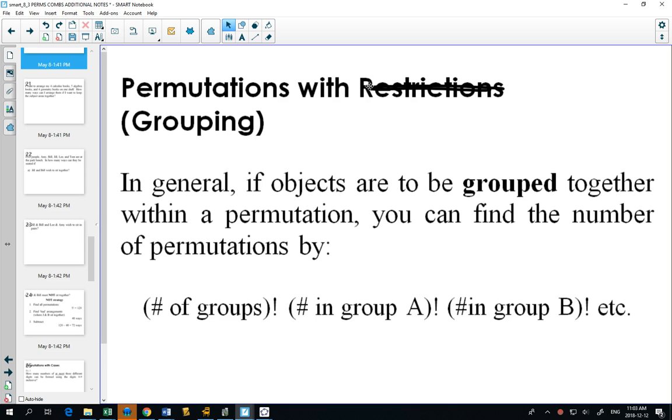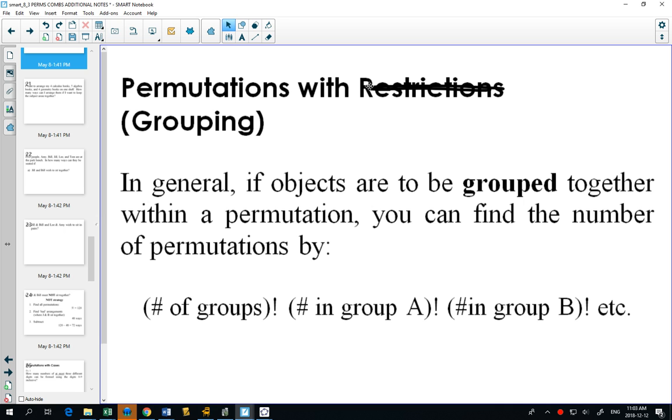How many ways could you arrange 79 pairs of black shoes? 79 factorial, right? You have 2 pairs of brown shoes. How many ways could you arrange your brown shoes? 2 factorial ways, 2 ways. And how many gold and glitter shoes do you have? 13. Yeah. So then you do your number of groups first, then group A, group B.